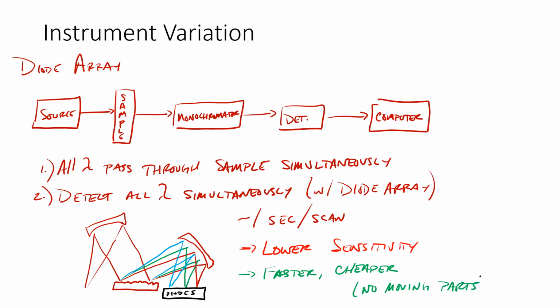And of course, the fact that there's no moving parts also means that it's more rugged. When we talk about the ruggedness of an instrument, we talk about how fragile it is, how delicate it is. Can we take it out to the river and collect a sample and run a sample there? Lots of the instruments that we will talk about are not rugged in that sense.